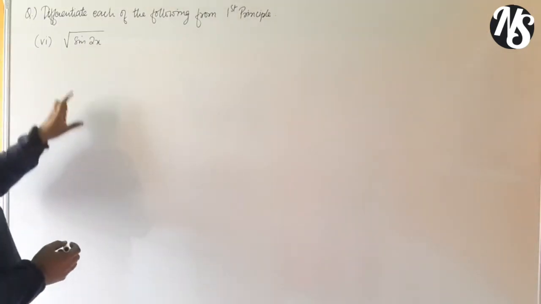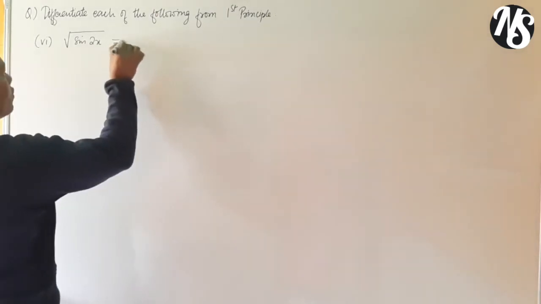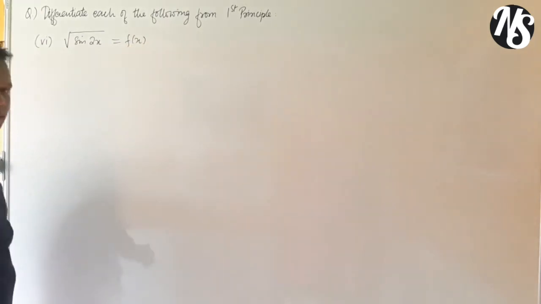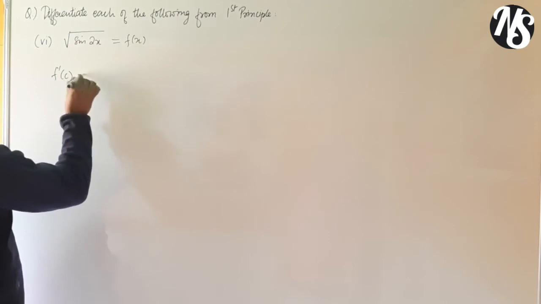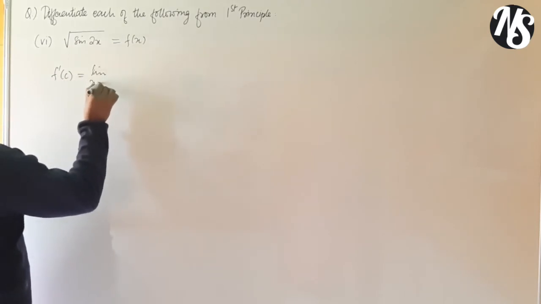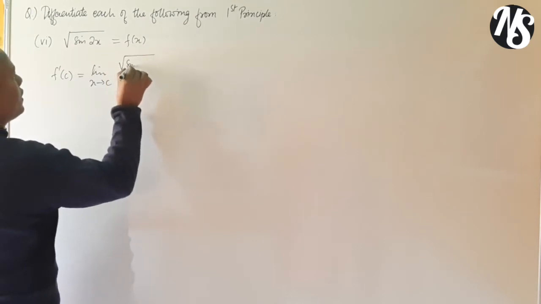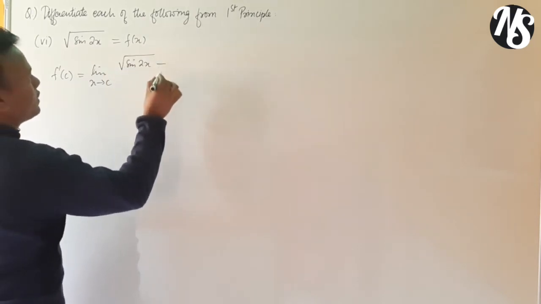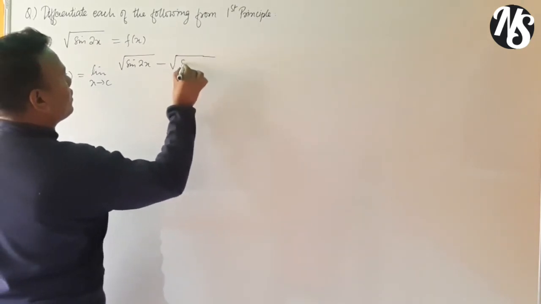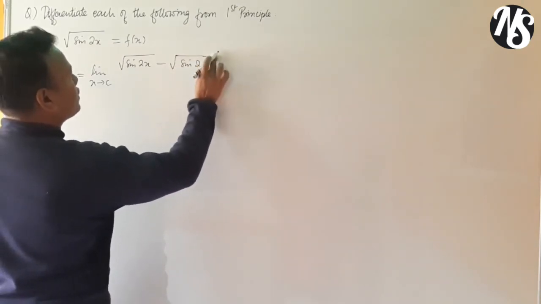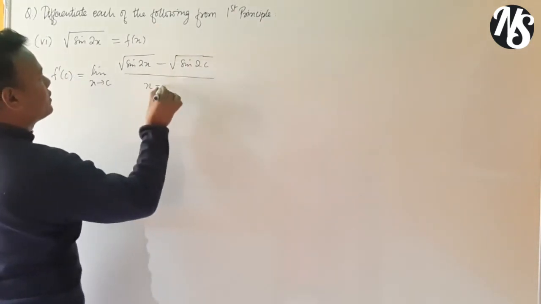Now this time my f(x) is going to be a bit complicated, but no worries, your work is going to be the same. So this is your f(x), and you are expected to find f dash of c, which will be limit x tends to c of [square root of sine 2x minus f(c), that is square root of sine 2c], divided by x minus c.